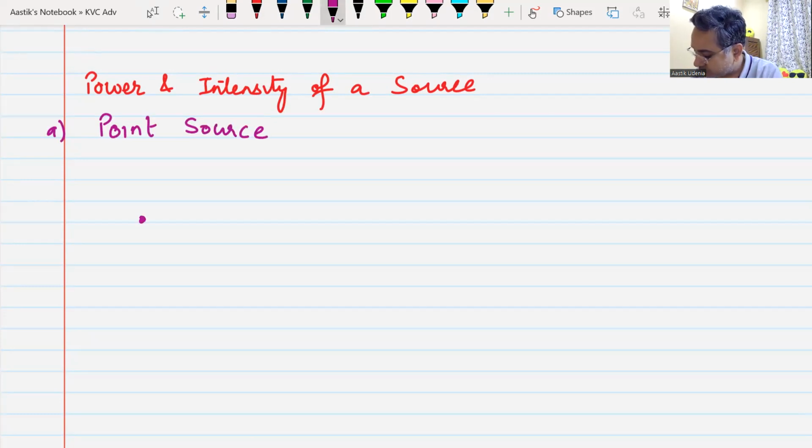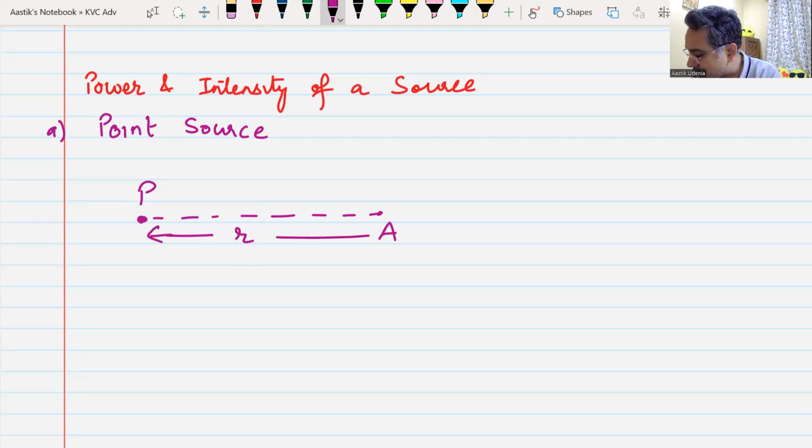Now, this point source, let us say, is at point O, and I have this point A, which is at a distance of R from this point source.